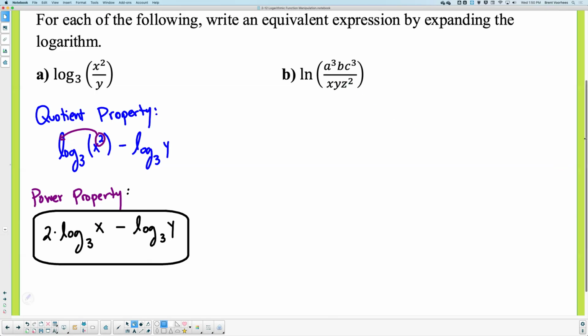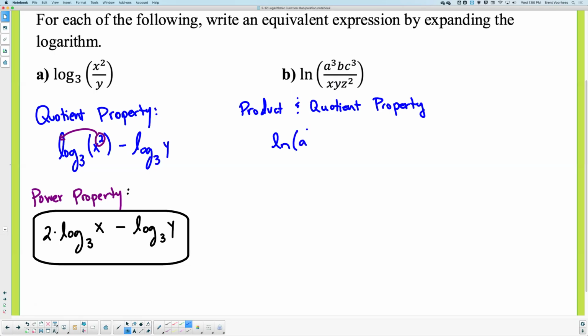I'm going to use both the product and the quotient property. So the quotient will make the denominator negative, but the product is technically when you make the numerator all individual positive natural logs. So I'm going to have the natural log of a cubed.